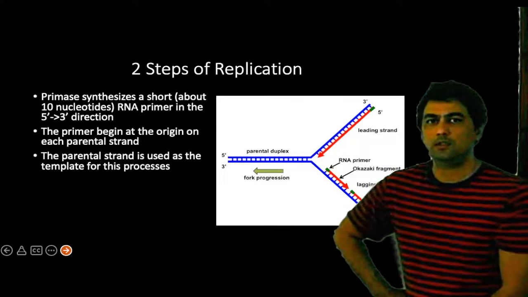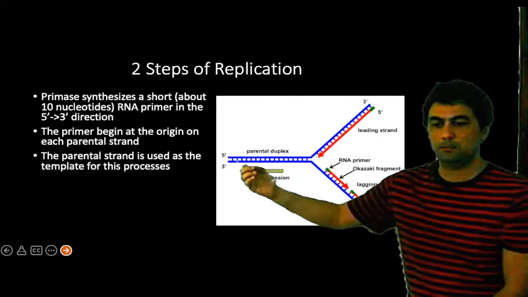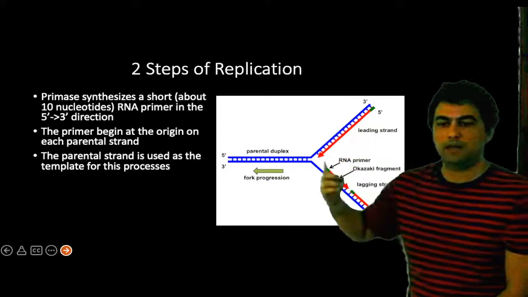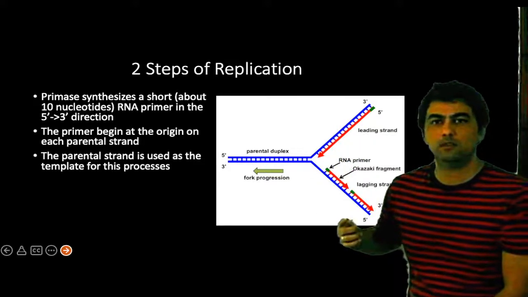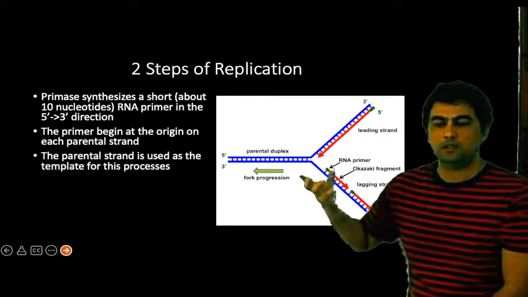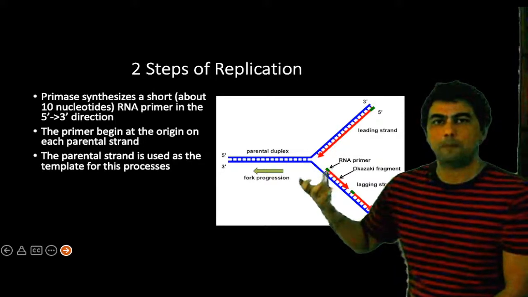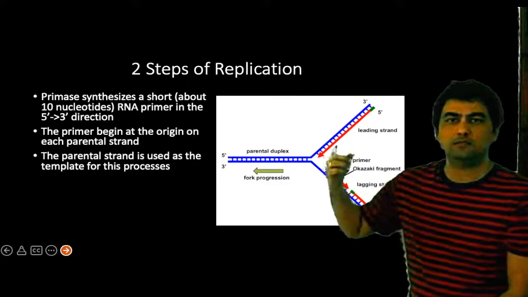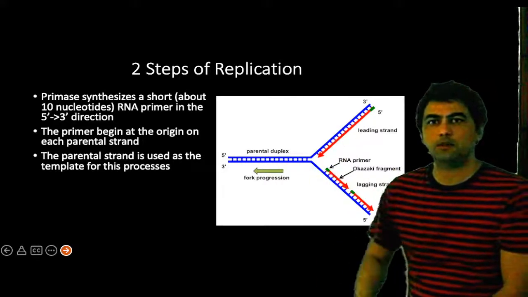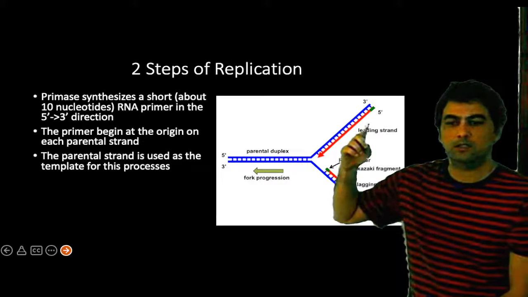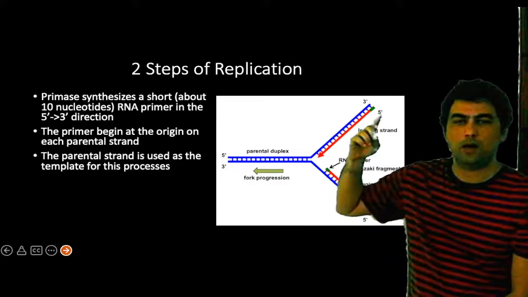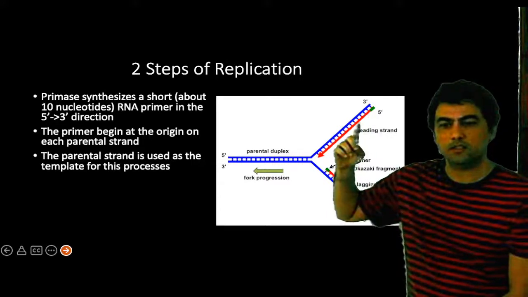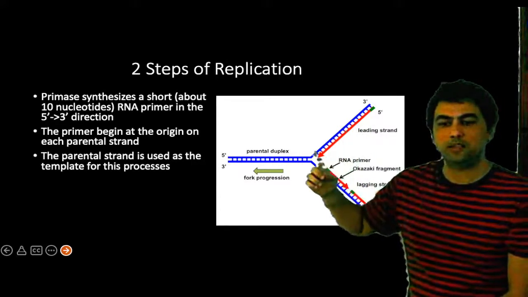So this is the parental strand, separated by the helicase, and the single-strand binding protein maintains this separation, and the RNA primer is placed at the beginning of the replication.